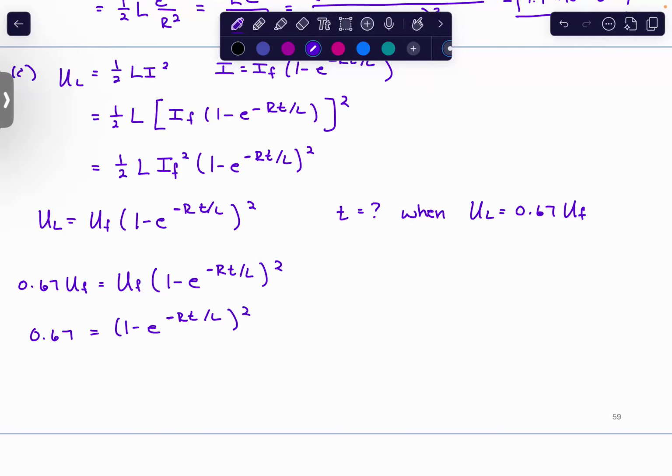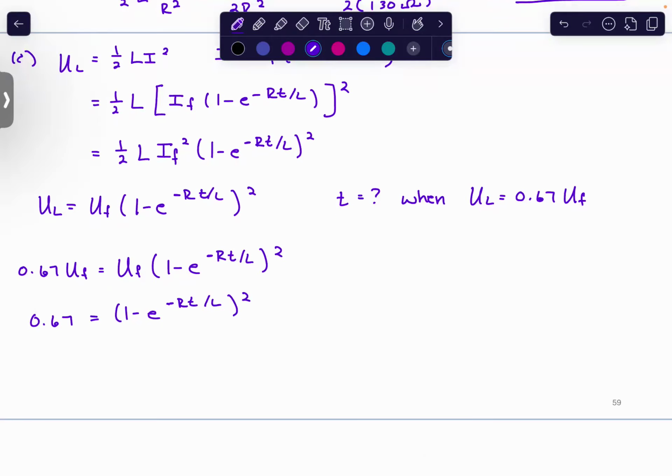So just like the first one, we just needed a new equation. The first thing I'm going to do is square root both sides. Going to give me 1 minus e to the power, the square root of 0.67.